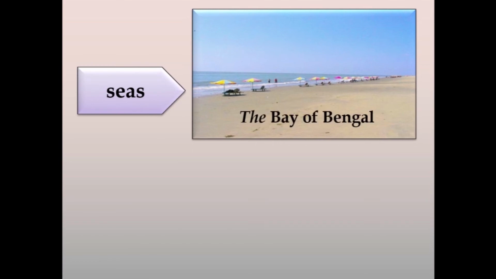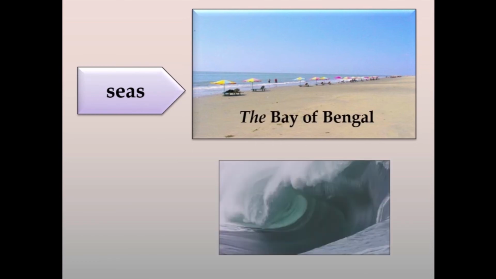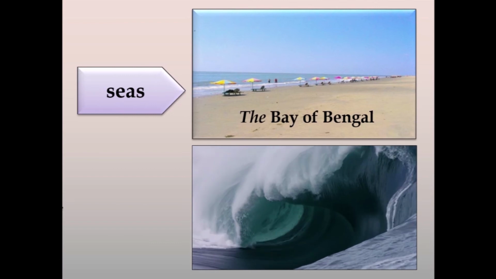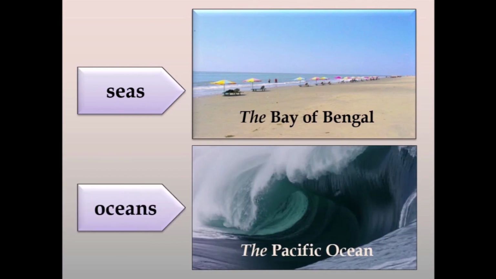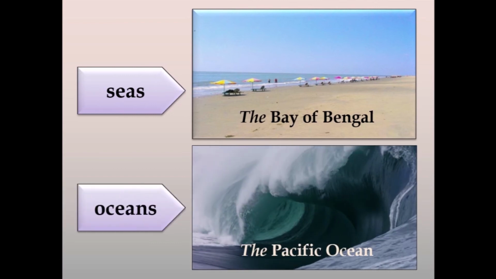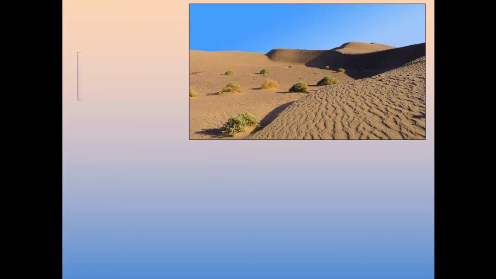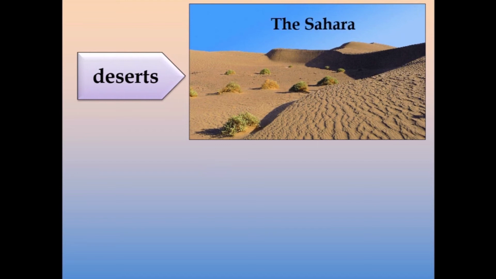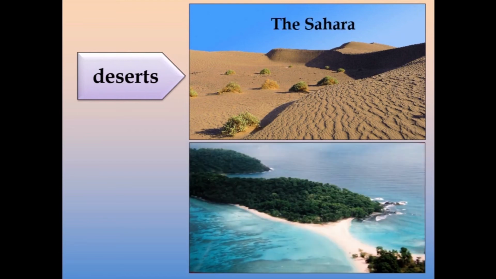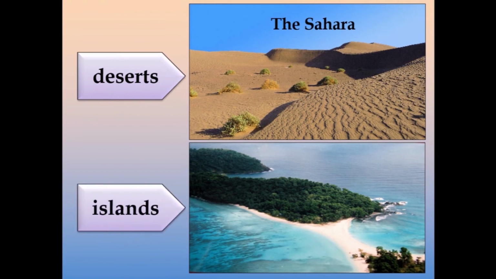Seas, the Bay of Bengal, and oceans, the Pacific Ocean. Deserts, that means Morubhumi, the Sahara. Islands, the Andaman.